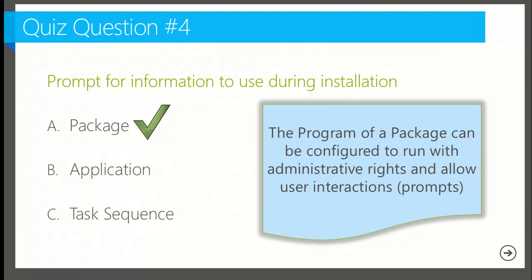And if you remember from what I said earlier, task sequences themselves do not allow end user interaction. There is a workaround that we can do to get user input, and I will cover that later on as a demonstration. But if you're doing something just a simple task where you have to prompt an end user for some value, then I would personally do that through a package.